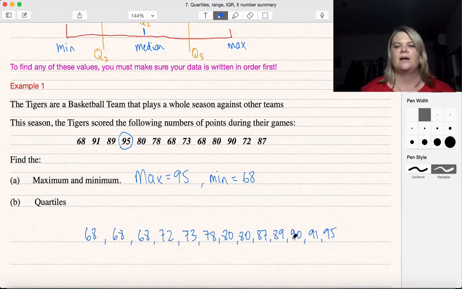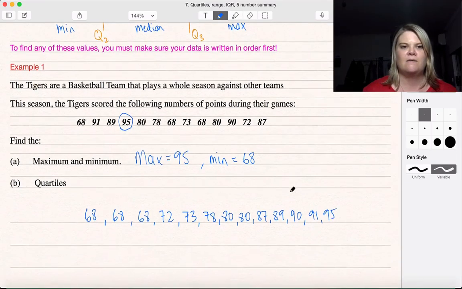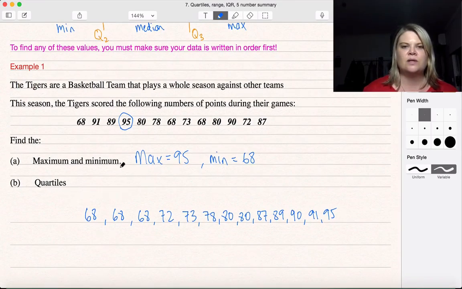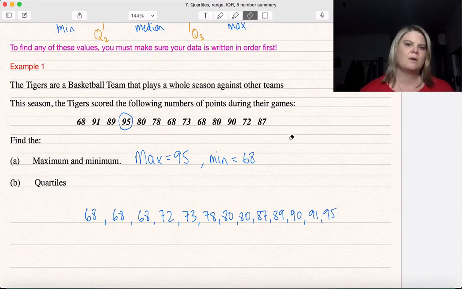I've gone ahead and organized all of these data points into order from smallest to largest, and we can see we were right with our minimum is 68 and our maximum is 95. To find the quartiles, the first thing we need to do is find the median. So the median is exactly halfway. There are 13 different data points.